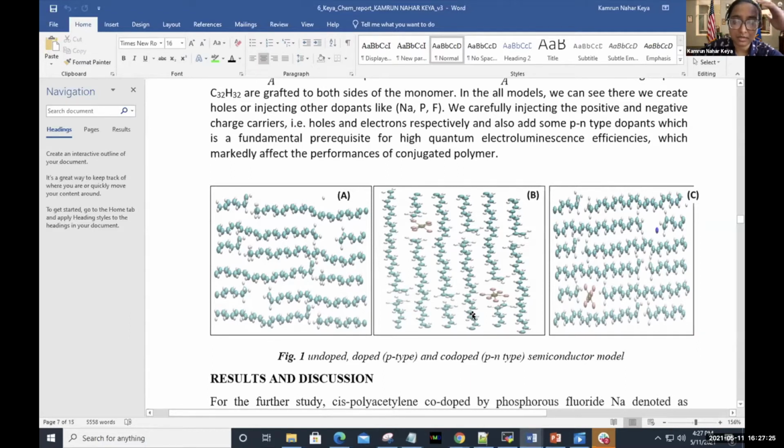So there are three types of model there, and from those models, using DFT, we want to plot absorption and density of states graphs, and we want to see which material shows more conductivity than others.